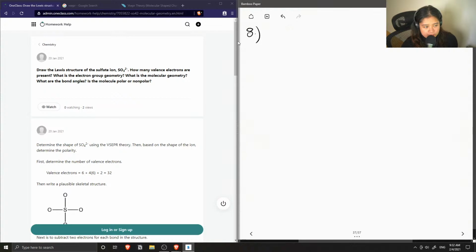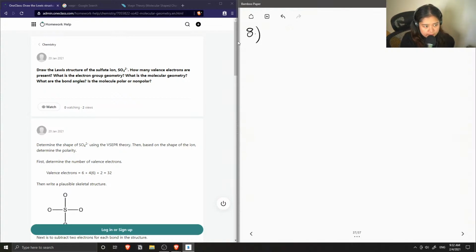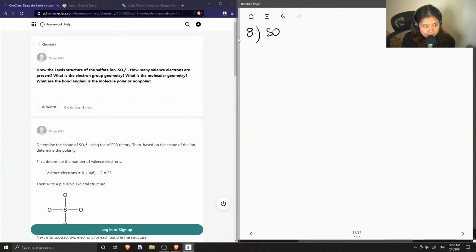And we first need to find out the total number of valence electrons for SO4 2-. So this is part A. So sulfur has 6 valence electrons, and oxygen also has 6, and we have 4 oxygen atoms, so we multiply this by 4.